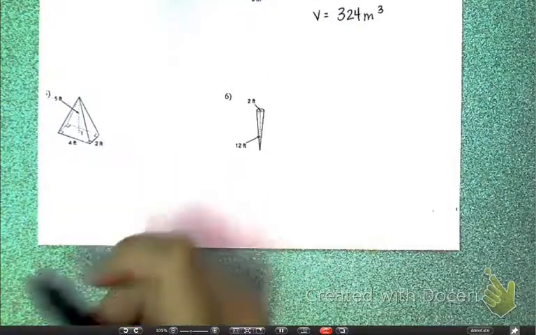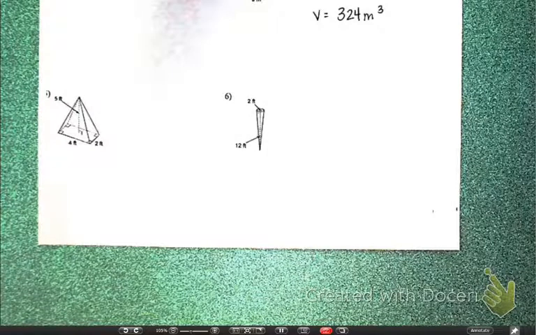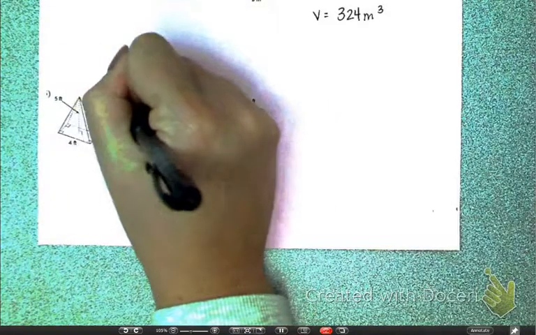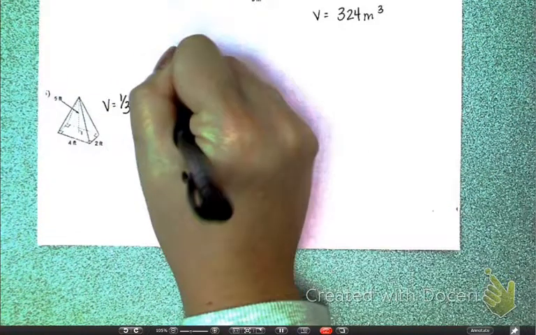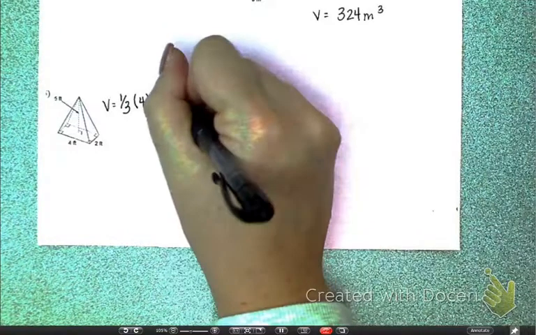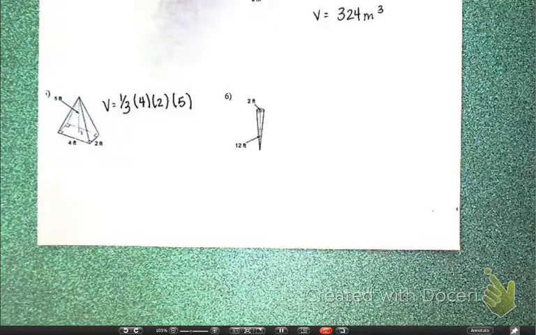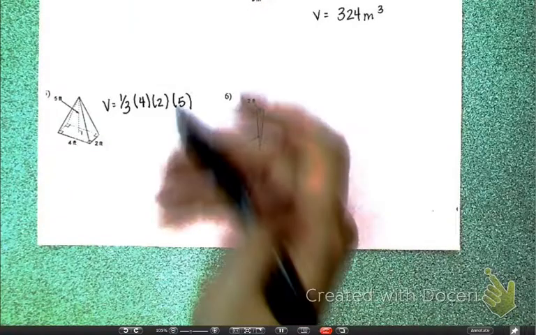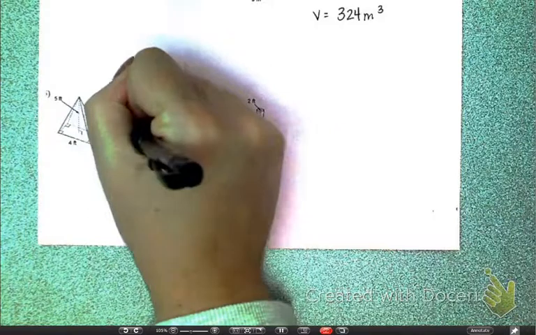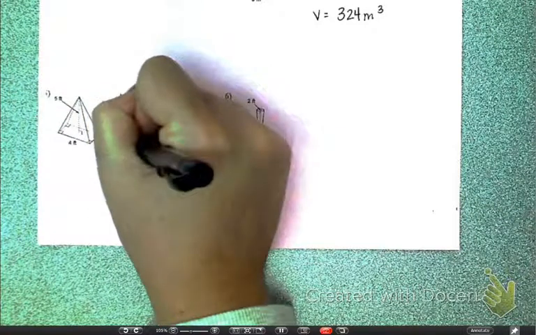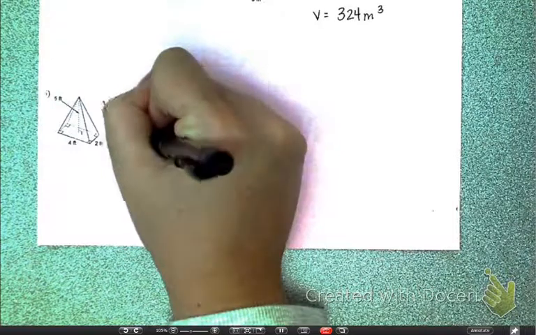What is the shape of the base for number 5? A rectangle. So you should have 1/3 times 4 times 2, that is the length and the width of the rectangle, times 5, which is the height of the whole thing. So 4 times 2 times 5, all divided by 3. I don't want to write it as a decimal. I'm going to write it as 40 over 3 feet cubed.